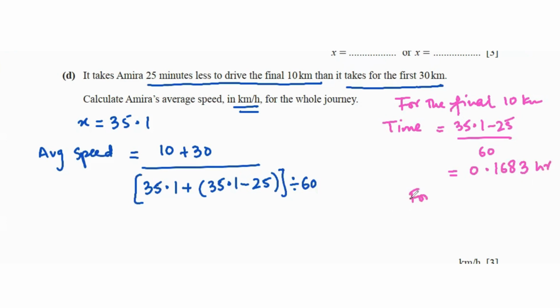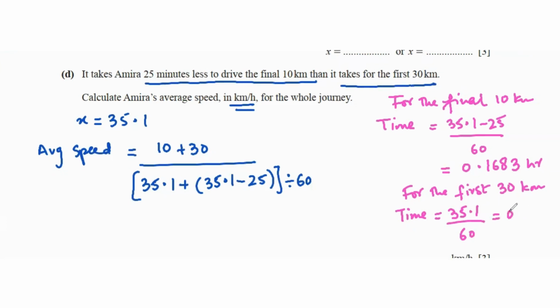Then for the first 30 kilometers, your time is going to be 35.1 over 60, which is 0.585 hours.